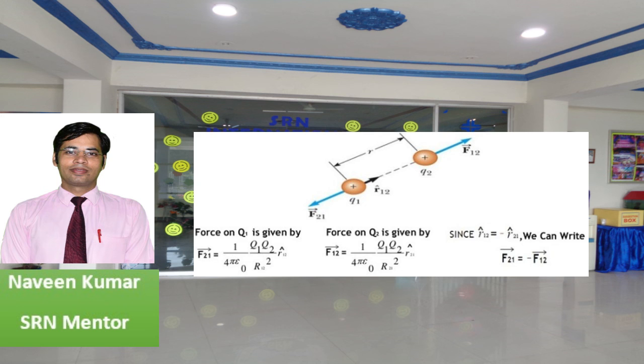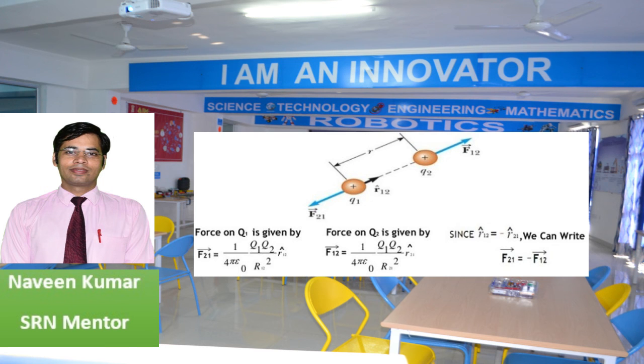And similarly, the equation for the force on Q1 due to Q2 will be given by F12 equals 1 upon 4 pi epsilon naught Q1 Q2 divided by the magnitude of r1 minus r2 cubed, multiplied with r1 minus r2. So the above two equations are opposite of each other. So F21 equals negative of F12.